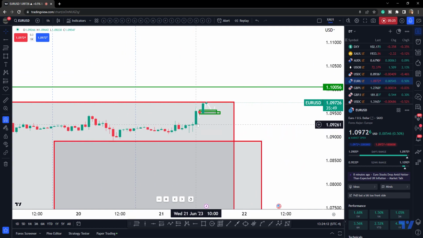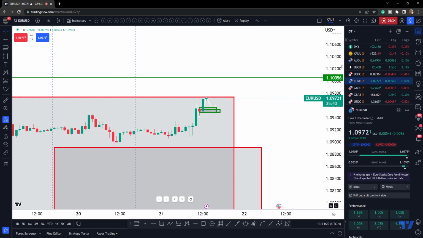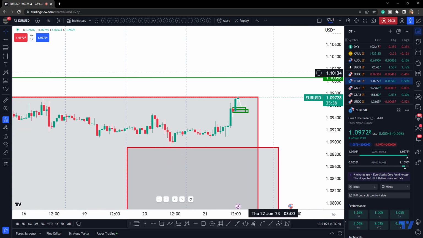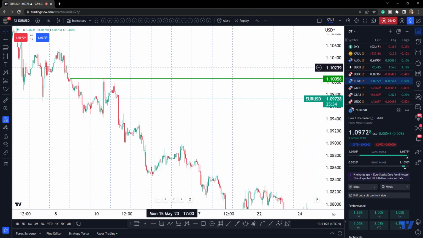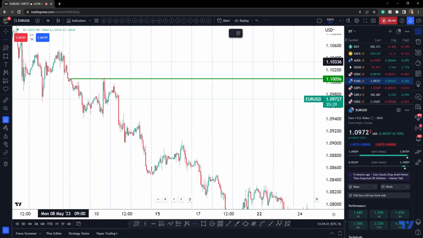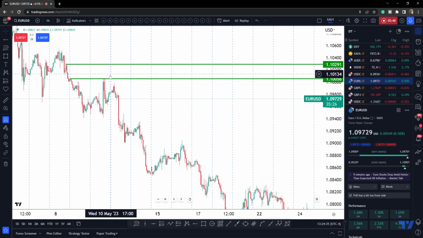But at this juncture, I am anticipating a pullback eventually before perhaps moving up into 110, the figure and above, as our initial target area.